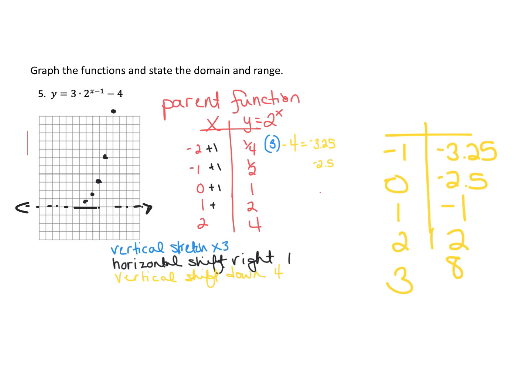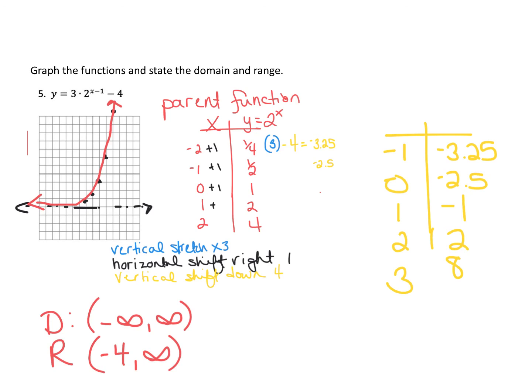So my curve, exponential growth, will look like this. So my domain would be from -infinity to +infinity, as all exponential growth functions are. And my range would be now from -4 to infinity because of that vertical shift downward.